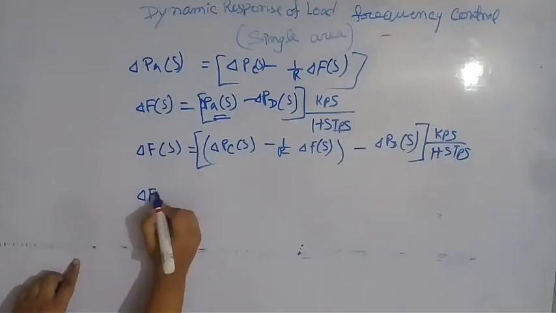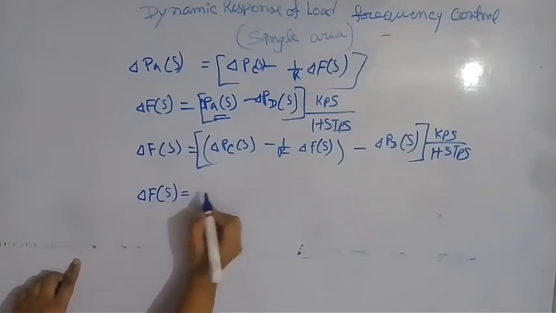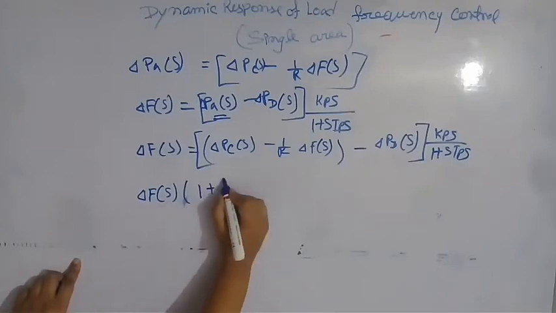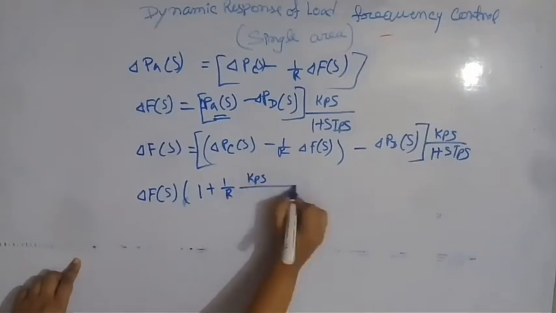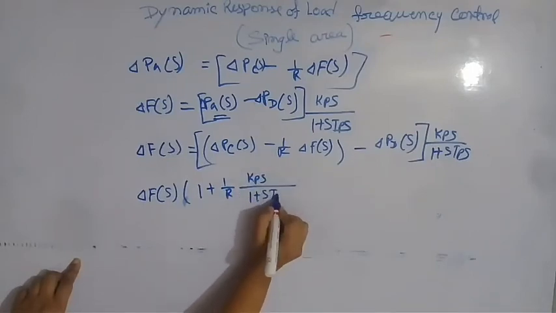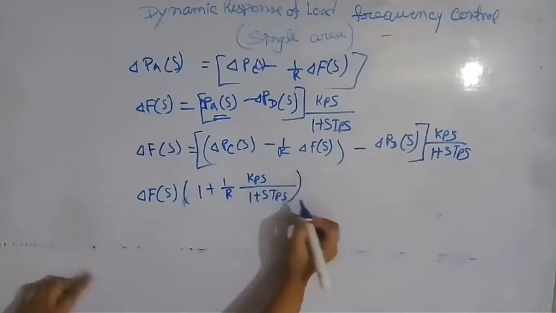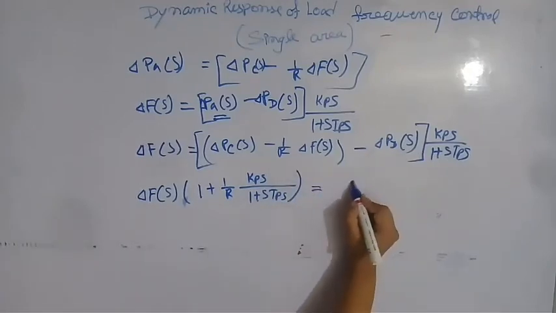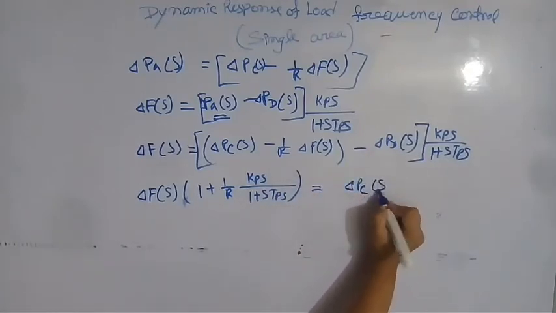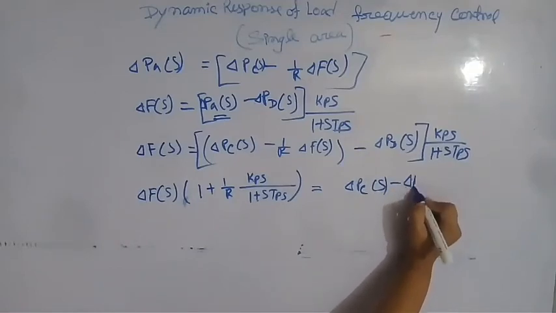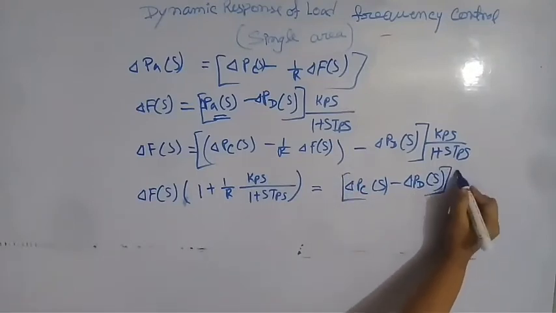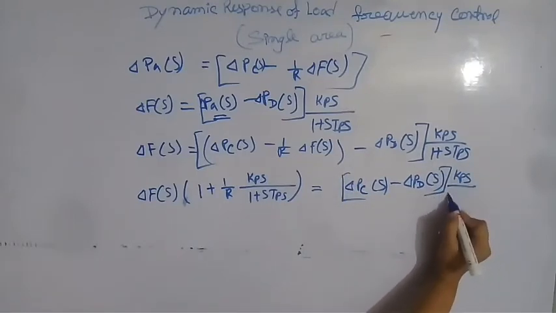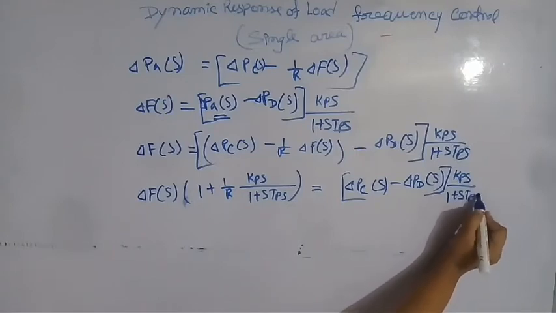So delta F of S times (1 plus KPS by R times 1 by 1 plus STPS) is equal to (delta PCS minus delta PDS) into KPS by 1 plus STPS.